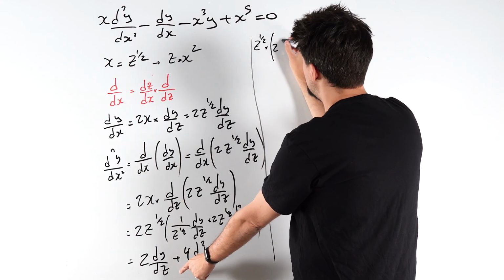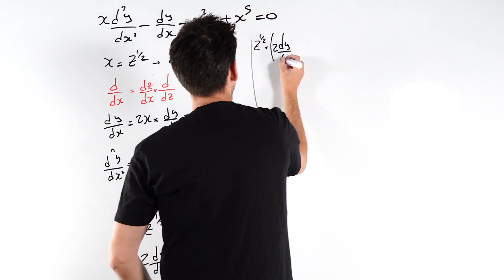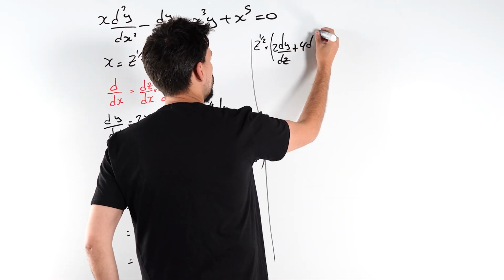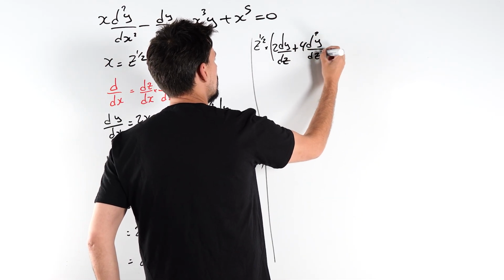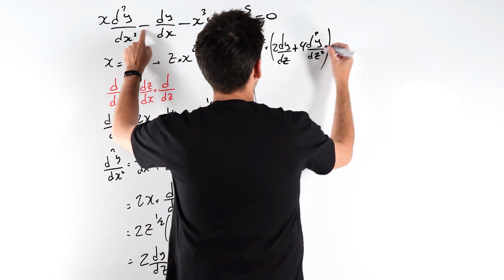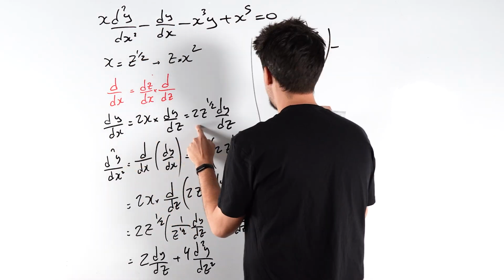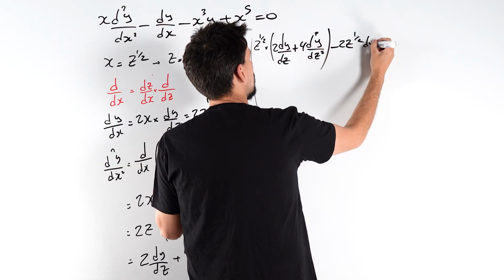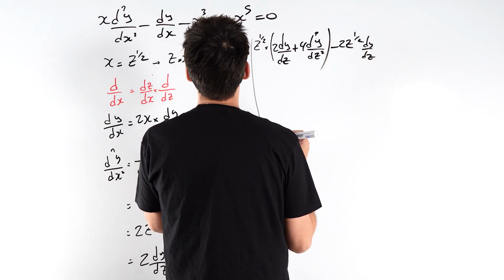We just established that that is 2 dy/dz plus 4z d2y/dz squared, minus dy/dx, which is 2z to the 1/2 dy/dz.